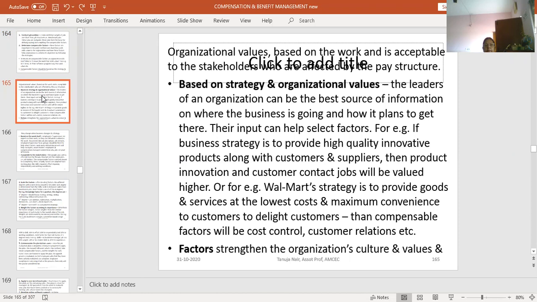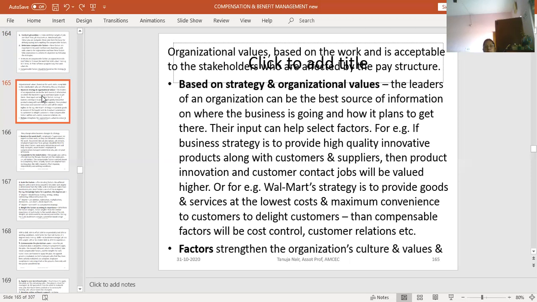For example, if you take Walmart's strategy, it is to produce goods and services at the lowest cost and give maximum convenience to customers, to delight customers. Then the compensable factors for Walmart jobs would be cost control and customer relations. Those jobs which help in cost control, this factor will be very important in those jobs.